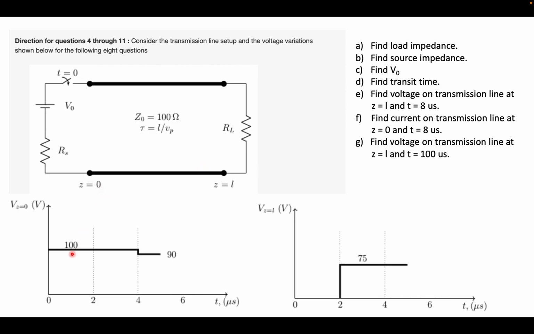Yes, sir. So ZL. What is the value of ZL? RL 60 ohm. Okay, that's correct, 60 ohm. And what is the source impedance? This is correct, RL is 60 ohm. What is the source impedance?